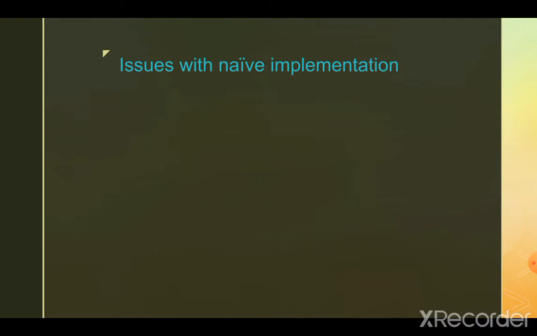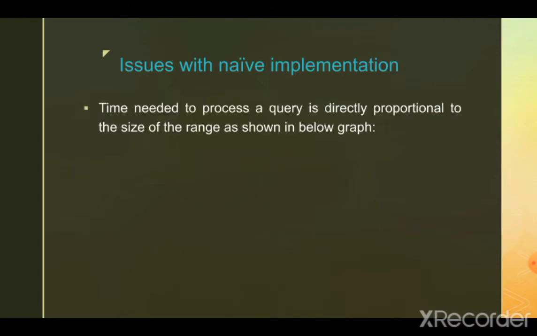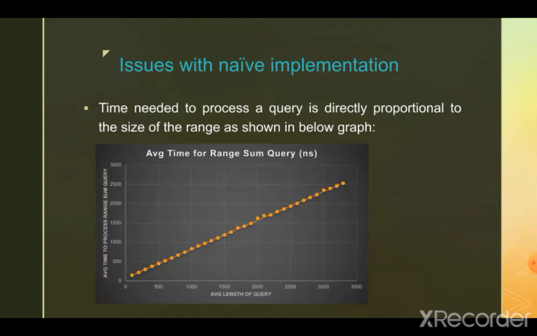Now what are the issues with this naive implementation? The time needed to process a query is directly proportional to the size of the range. Now here what I did is I wrote a small program to determine the average time for a range sum query for different lengths of the array.